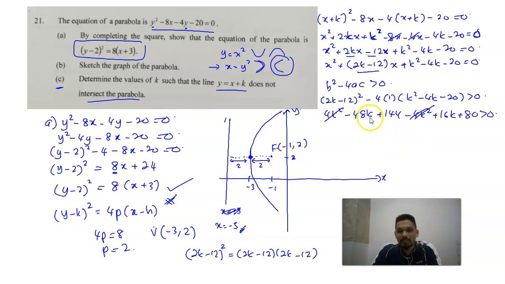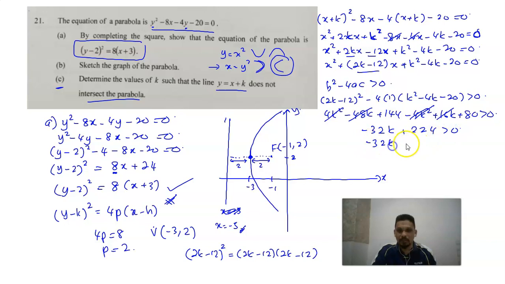Negative 48k plus 16k equal to negative 32k, and 144 plus 80 equal to 224, greater than 0.